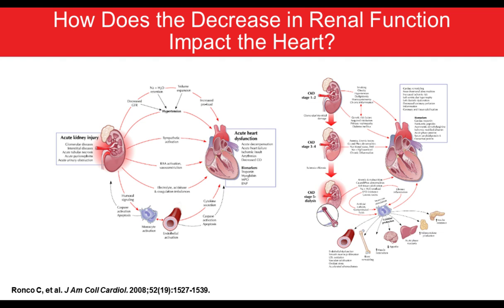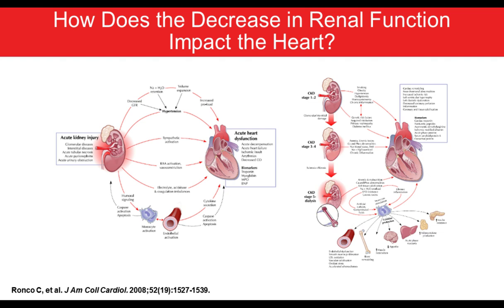You have a collection of toxins. These uremic toxins put stress on the heart. Then you have problems with bone and mineral metabolism because you do not have enough vitamin D, you have excess phosphorus and excess PTH, parathyroid hormone, and all those things put stress on the heart.